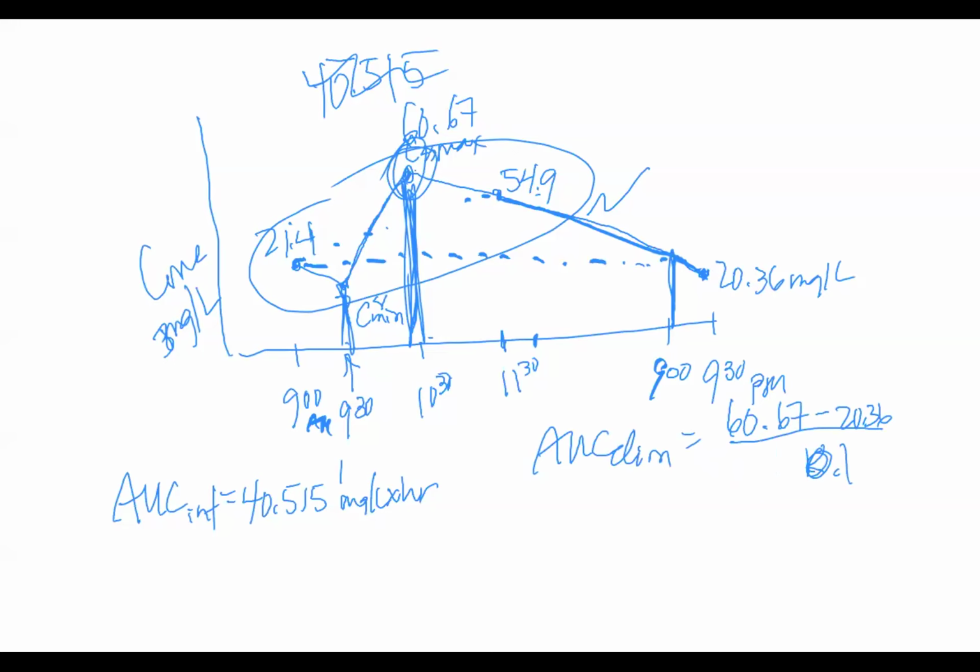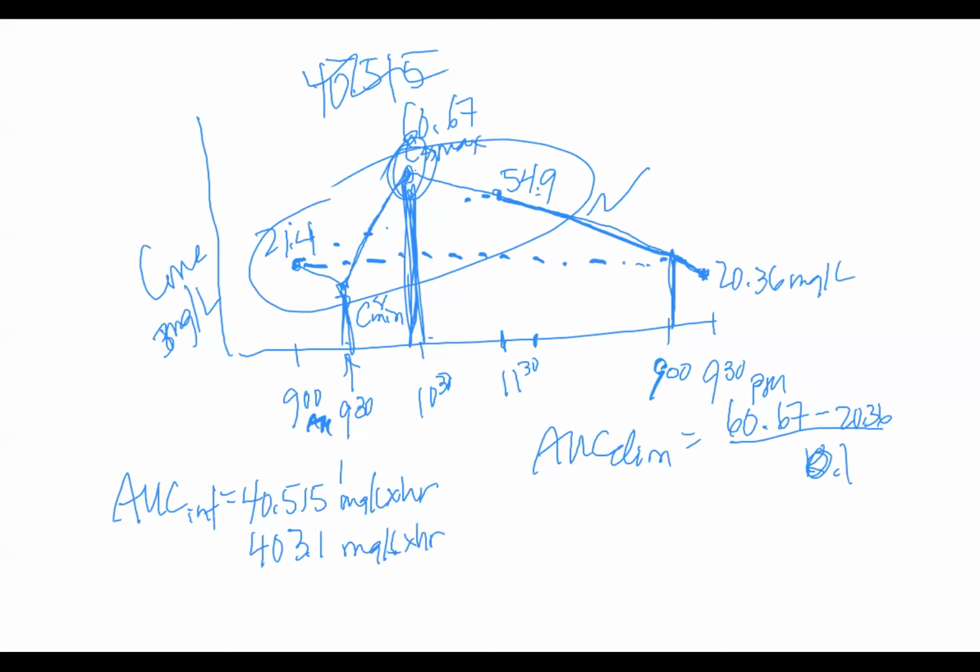Yeah, once we get the next step, we will, yes, but not right this very second. All right, so this is 403.1 milligrams per liter times hours. Is that what you guys got?